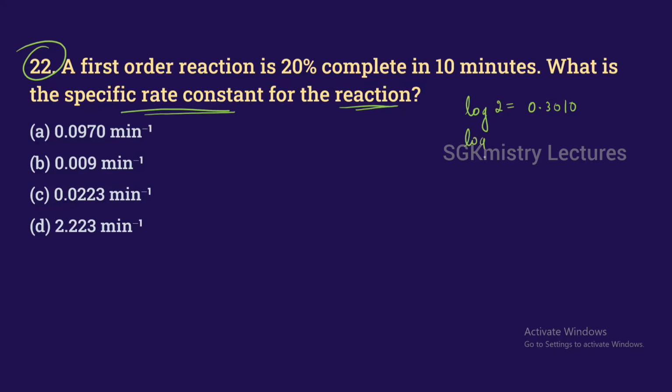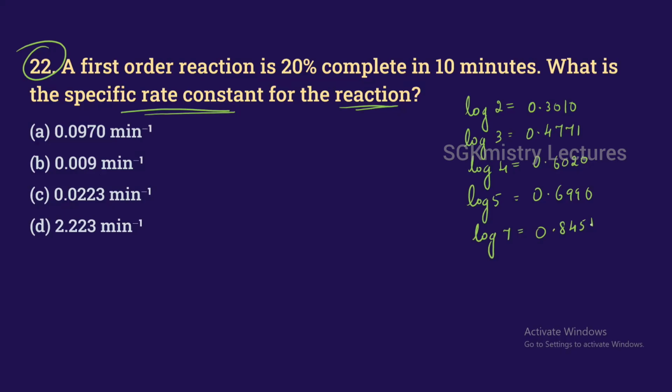Next, log 3 is equal to 0.4771. Log 4 is nothing but the double of log 2, that is 0.6020. Log 5, please make a note of this, is 0.6990. And then you should remember log 7 value, that is 0.8451.